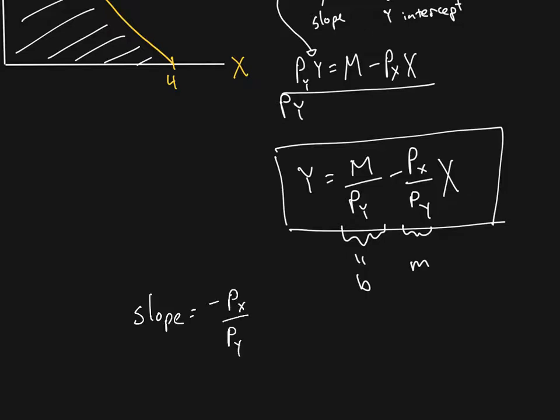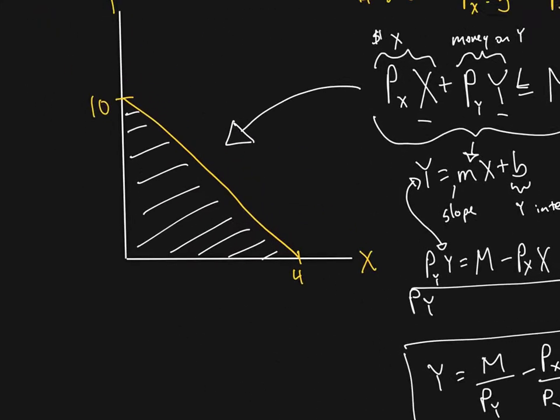And this is a really important point, because the economic interpretation of the negative of the price ratio is the opportunity cost of good X in terms of good Y. So as long as you know the prices, you already know the implicit opportunity cost of purchasing one additional unit of good X.